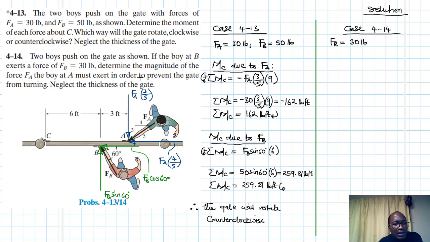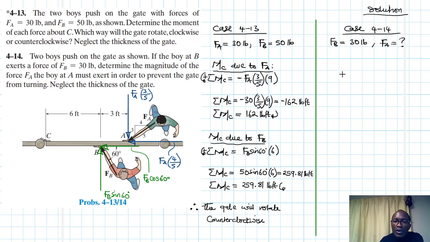We have been asked to determine the magnitude of FA the boy at A must exert in order to prevent the gate from turning. So we are going to sum up all the moments about point C due to FA and FB to find FA. FA is not known. That is what we want to find.